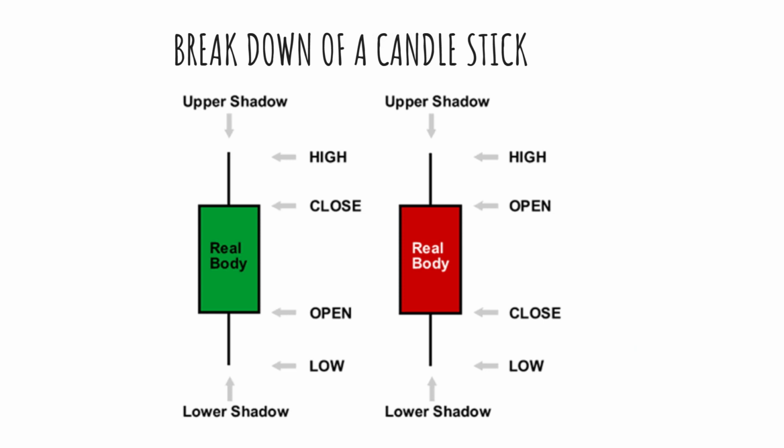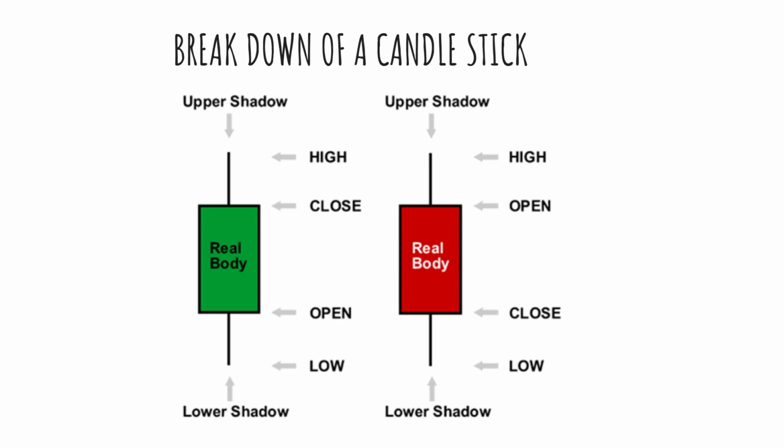So here is a little illustration of the breakdown of a candlestick. Remember, I said the green candles are your bullish candles and the red candles are your bearish candles. The candlestick has all these components.